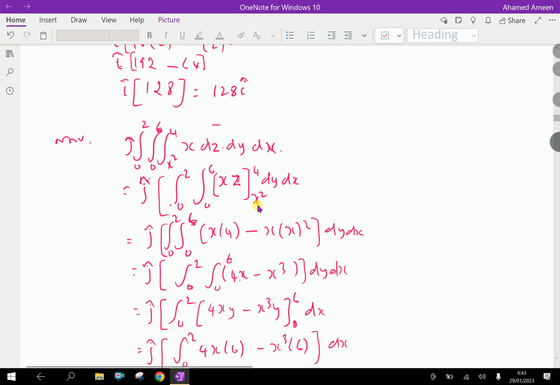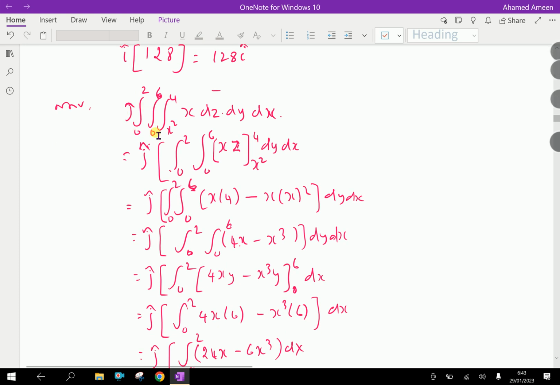Now the same procedure for the j part. Look here: the j vector, integral 0 to 2, 0 to 6, x squared to 4, x dz dy dx. We first do the inner integral with respect to dz.